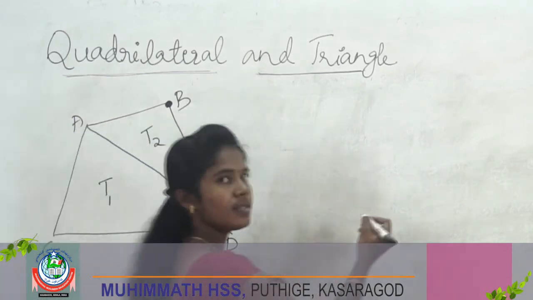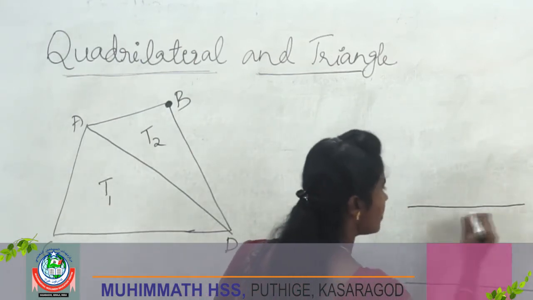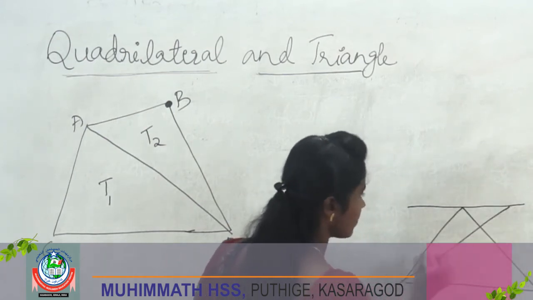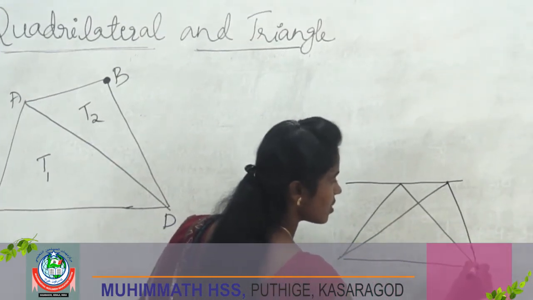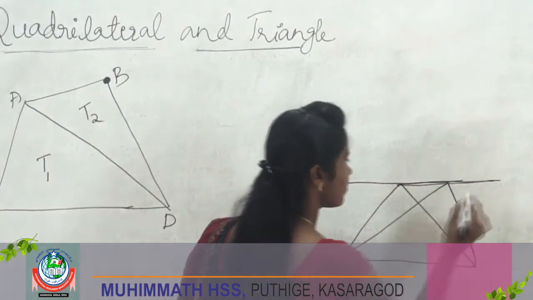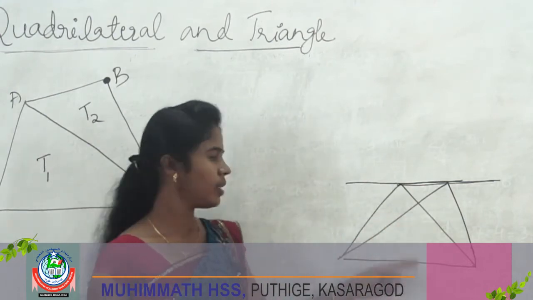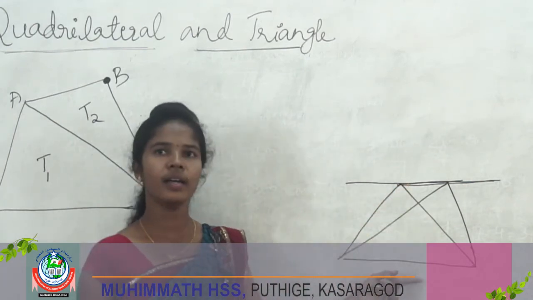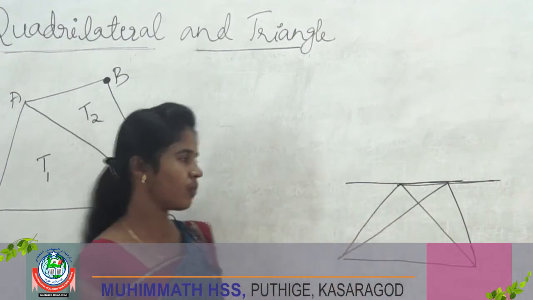In the last class we learned that if we draw triangles in between two parallel lines with the same base, then the areas of those triangles are equal. Here these are two parallel lines. We draw two triangles in between these two parallel lines, and the bases of these two triangles are equal. Therefore the areas of these two triangles are also equal.